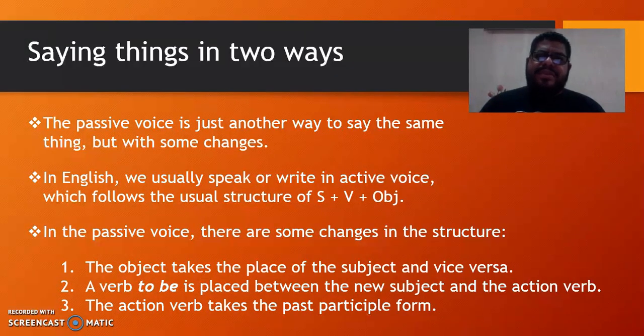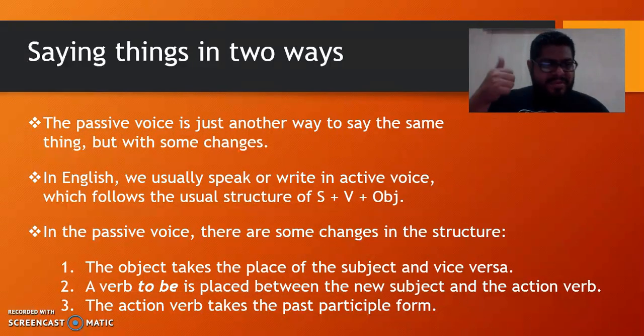And after that subject, you have to write a verb to be. And number three, the action verb takes the past participle form. This is a very important thing. In all kinds of passive voice, the action verb that follows the verb to be will always take the past participle form.